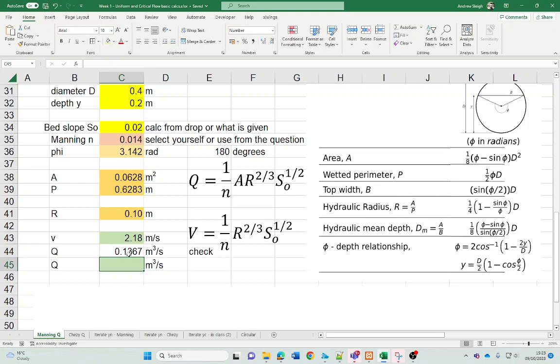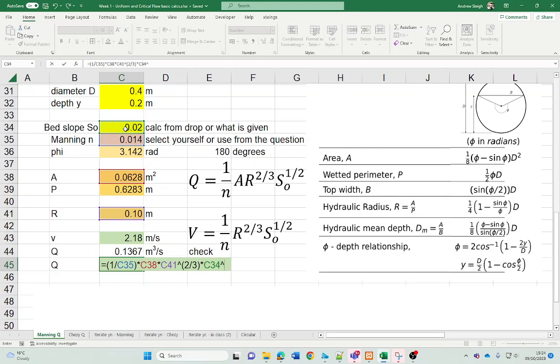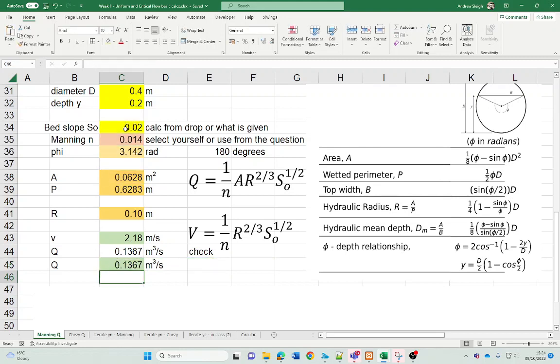Then let's do the first formula for Q: 1 divided by n times the area times R raised to the 2/3 times the bed slope raised to the 0.5. Okay, check those two numbers are identical. We're okay.